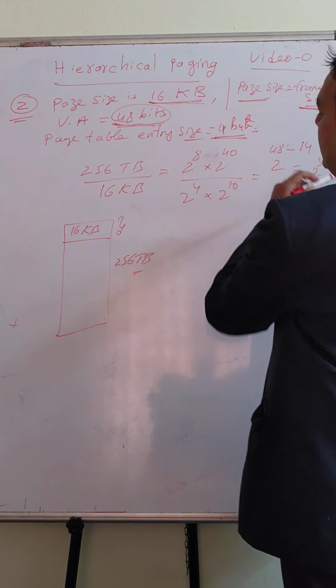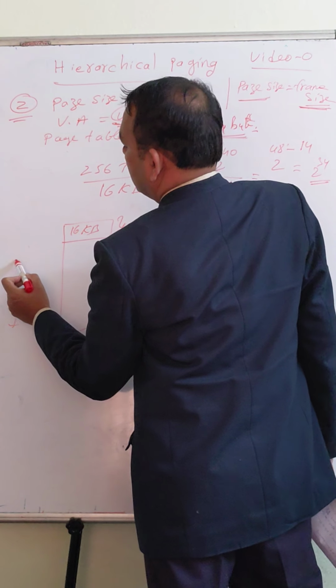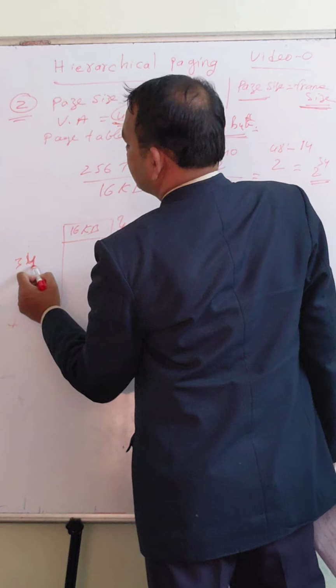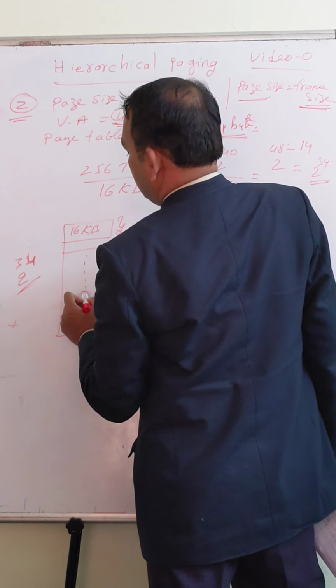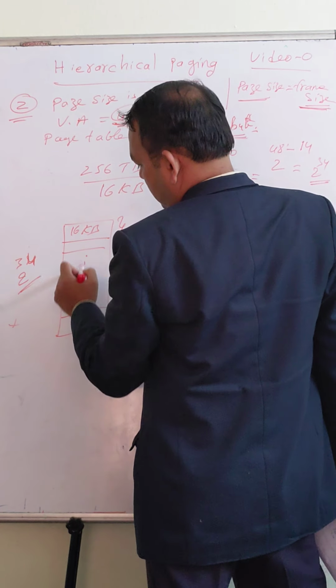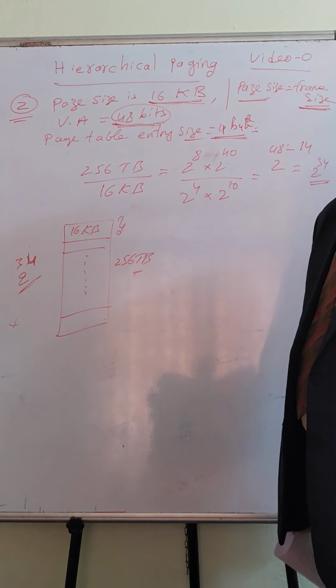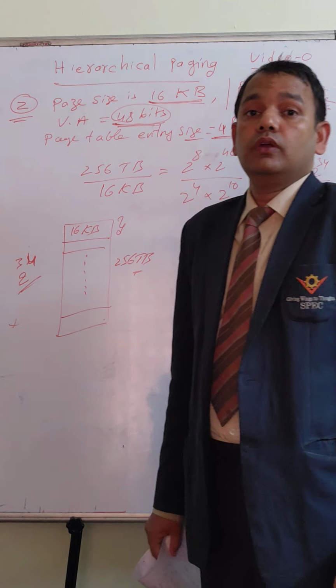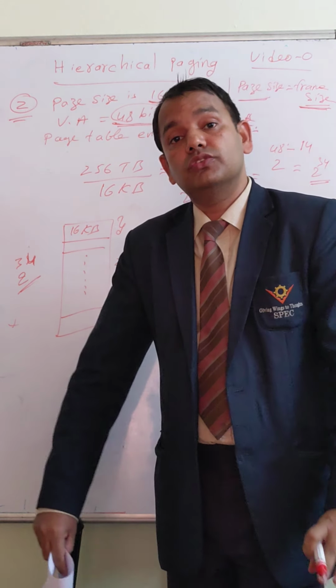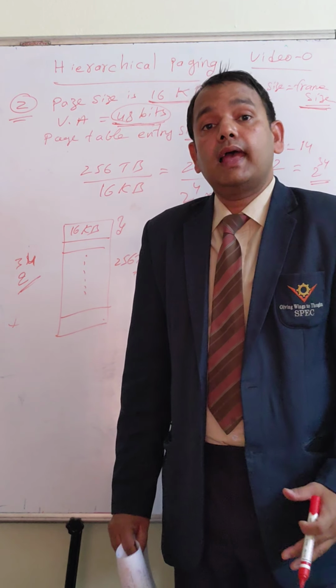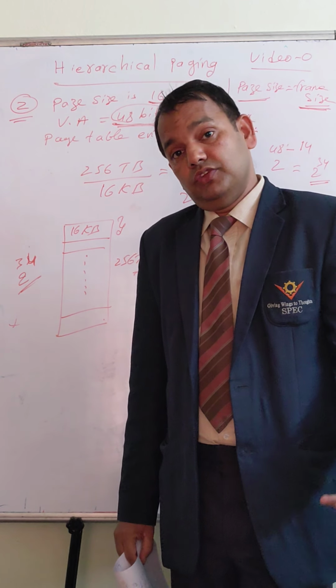By calculation there are 2 power 34 pages. Like this, 2 power 34 pages. Now we will calculate the size of the page table.